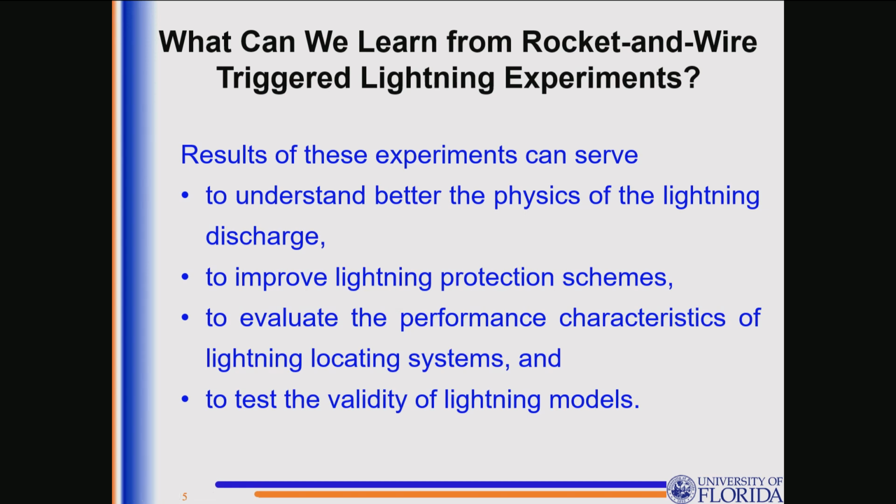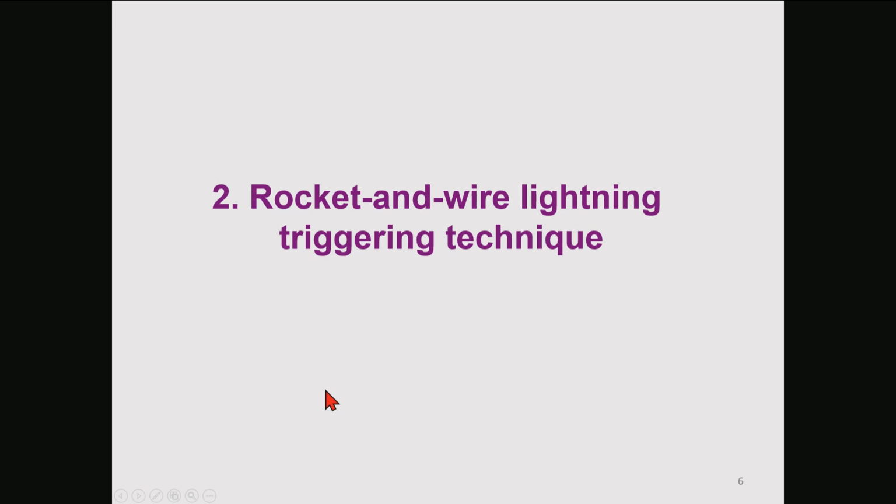Also, to improve lightning protection schemes via direct testing of those schemes with full-scale lightning. They can be also used to obtain ground truth data needed to evaluate the performance characteristics of lightning locating systems, and also can be used for testing the validity of lightning models.